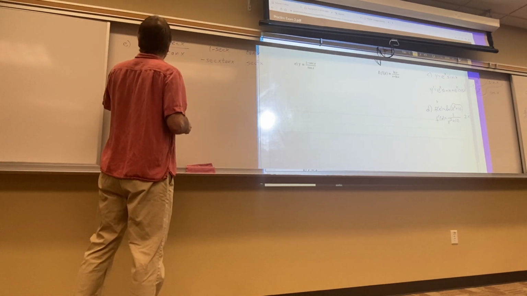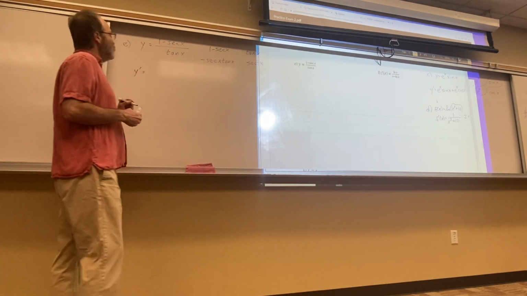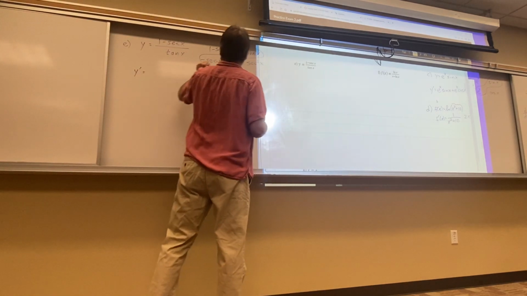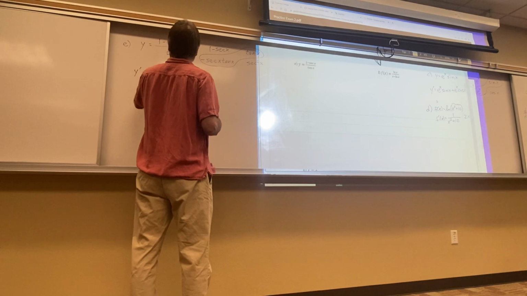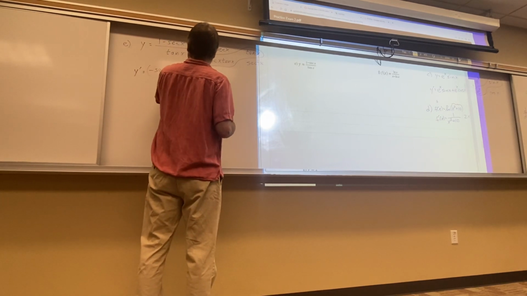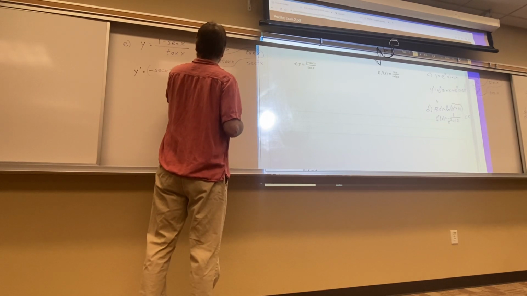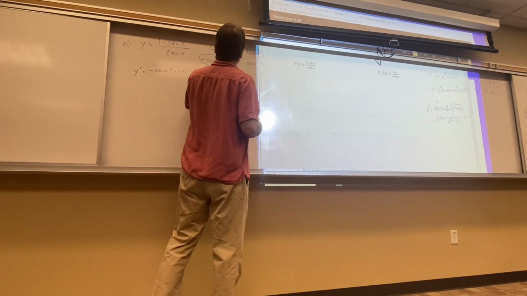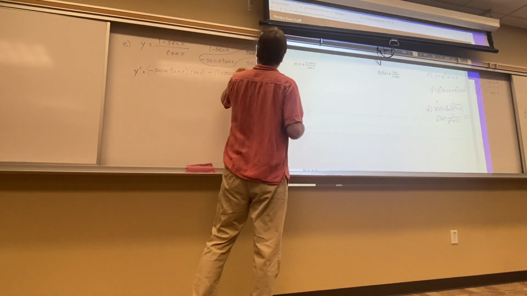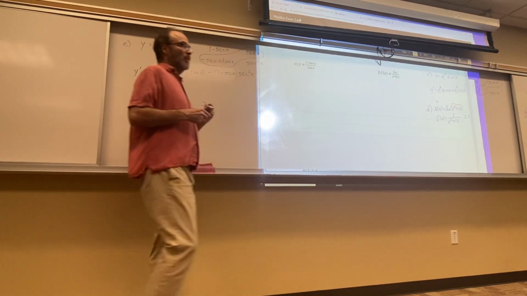Okay, so y prime, we're doing quotient rule, so we're going to get this. Negative secant x tangent x, times tangent x, minus 1 minus secant x, times secant squared x.